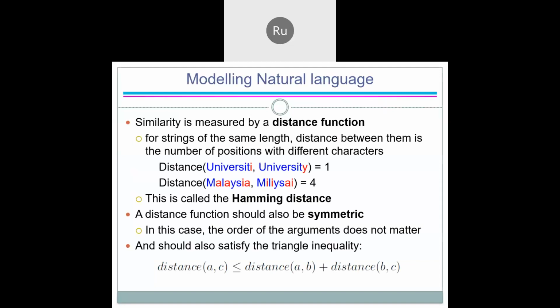Or you could delete, or you could update, or you could insert. So the Hamming distance uses the number of operations that you need to do in order to make them similar.